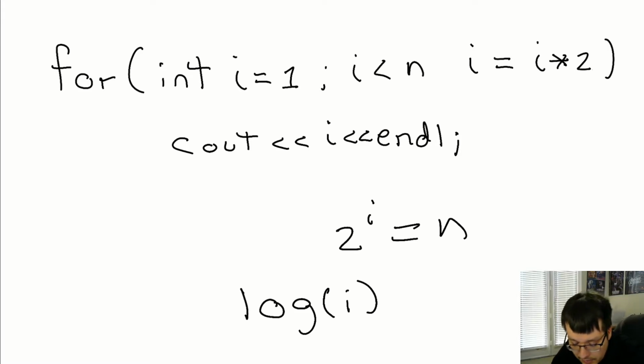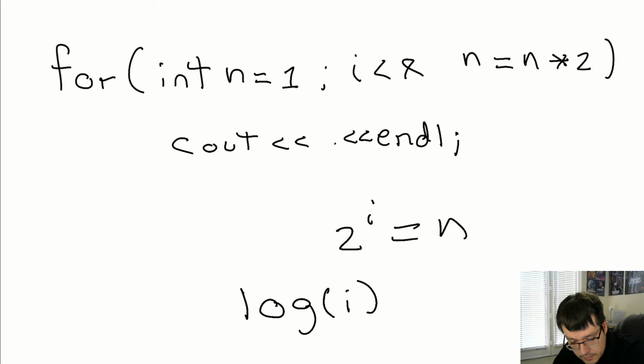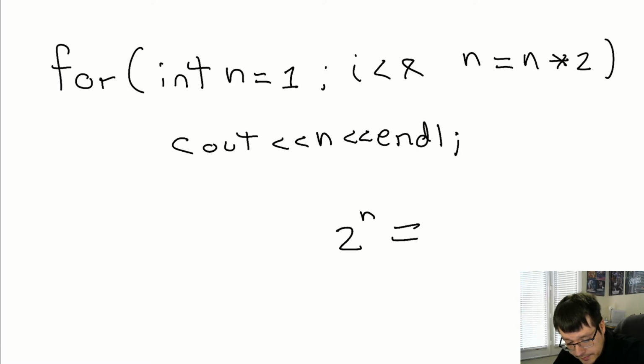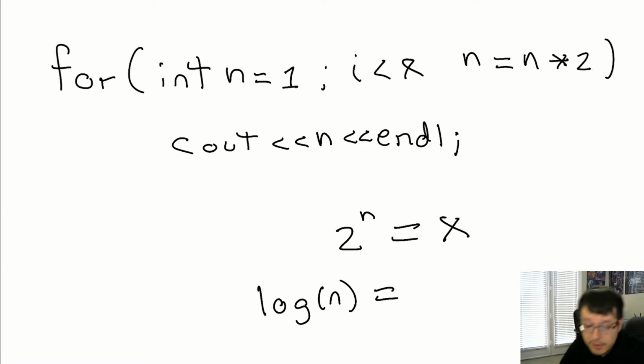Maybe I should have flipped the variable names just to not throw you all off. But here, let's flip that. So let's make this an n, let's make this an x, and let's make these n's. Now, if I'm doing this, I'm saying that 2 to the n is equal to x. So if I apply the logarithm to it, then it becomes that, right?